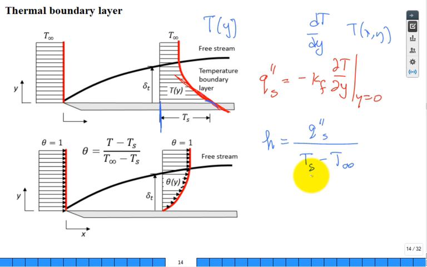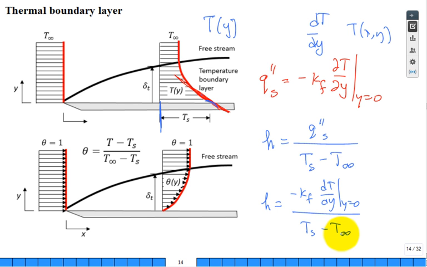If I knew the temperature profile, I get the slope of the temperature profile. This is how I get h. It's pretty abstract, isn't it? But a lot of fluid mechanics is pretty abstract. So we can substitute. We have h equal to minus K sub F, dT dy at y equal to 0, or at the surface, divided by Ts minus T infinity.